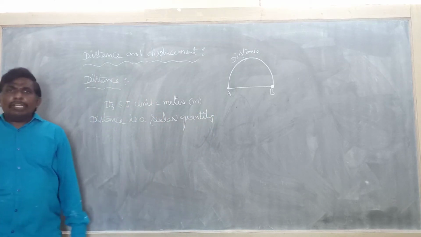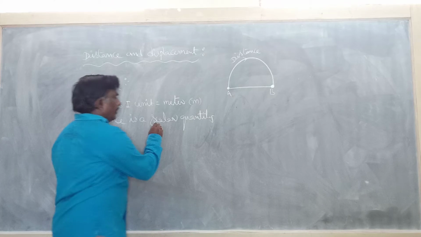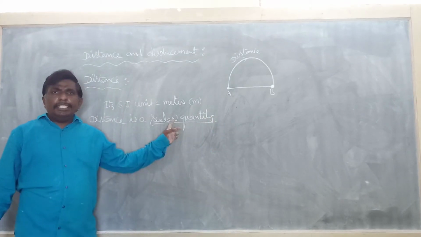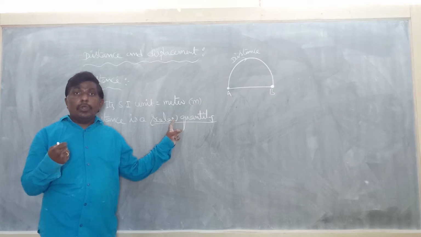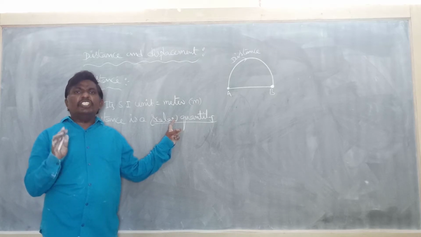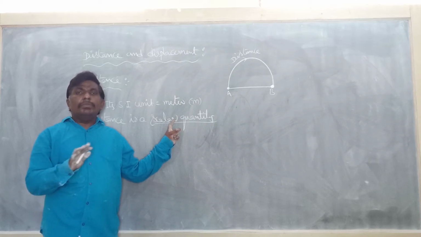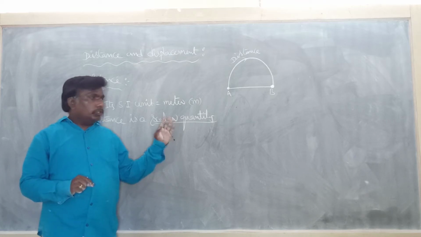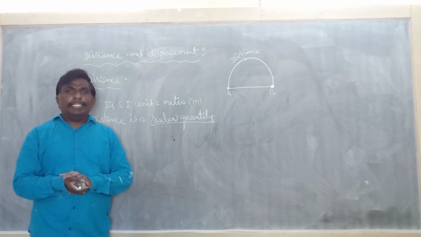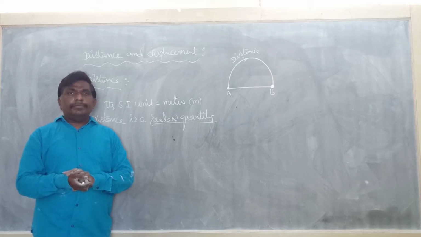What about scalar quantity? A quantity which has only magnitude but no direction is known as a scalar quantity or scalar.